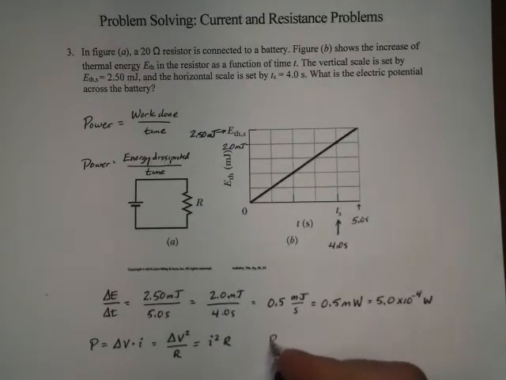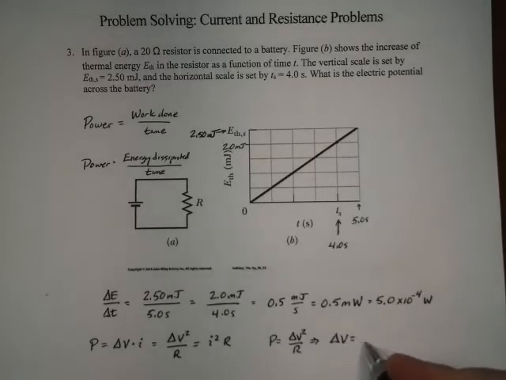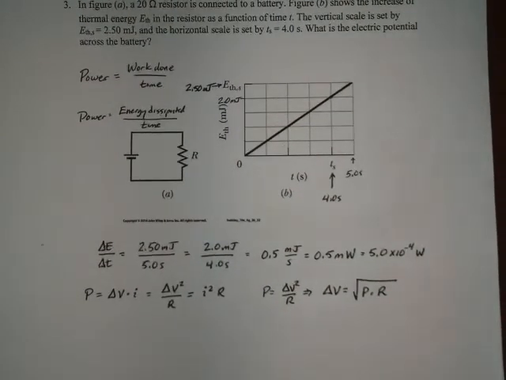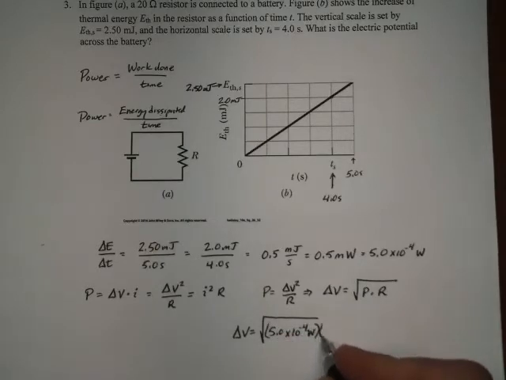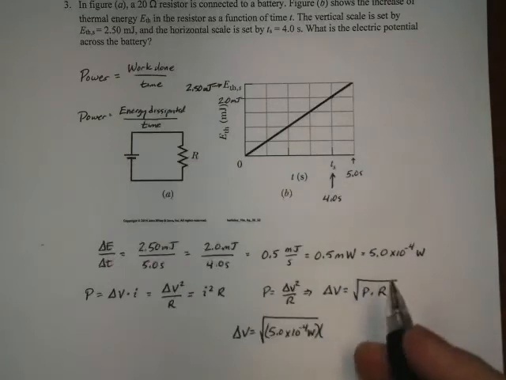So if power is equal to the potential difference squared over the resistance, then the potential difference is going to be the square root of power times resistance. If we plug in values, the potential difference is the square root of 5 times 10 to the negative 4 watts times the resistance, which we're told is 20 ohms.